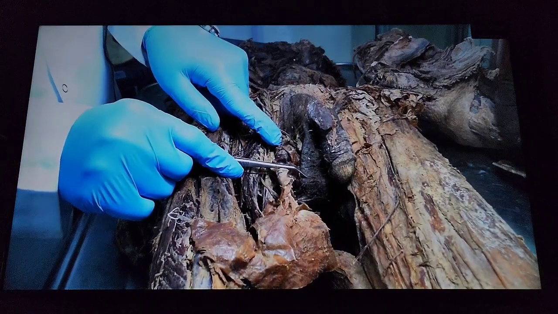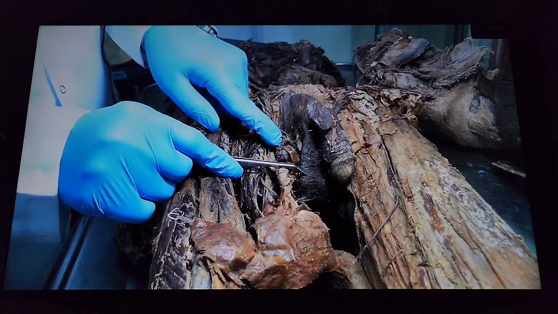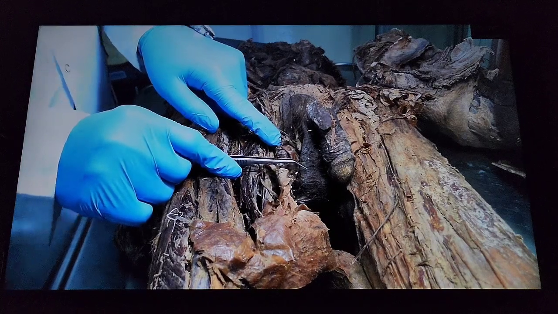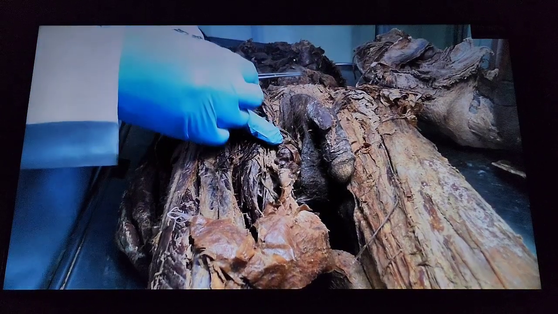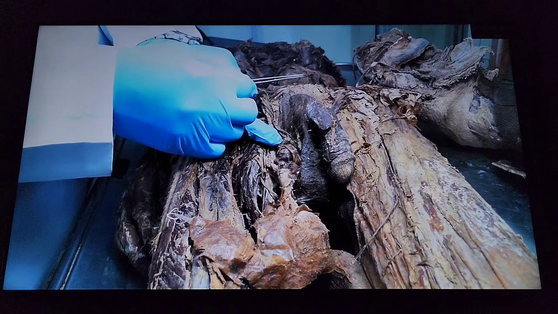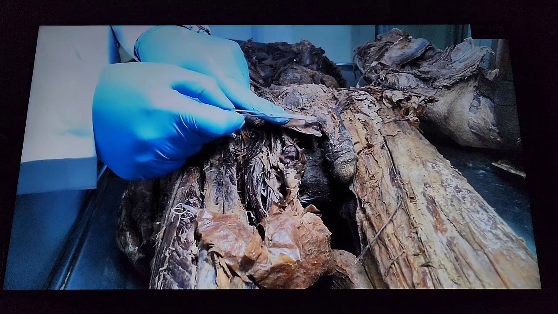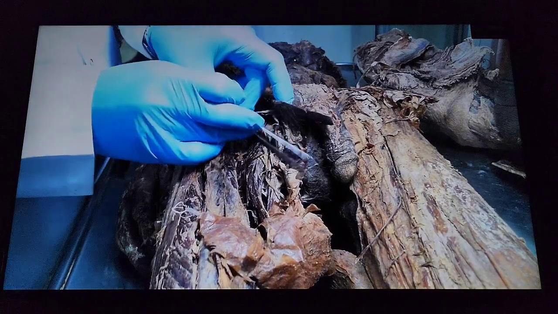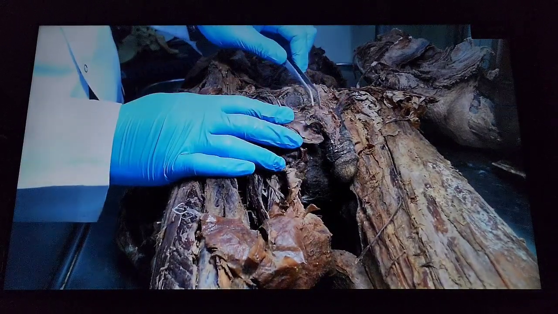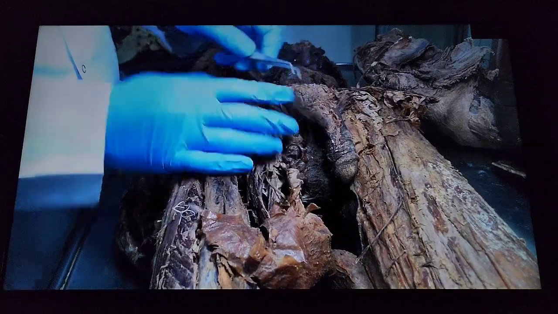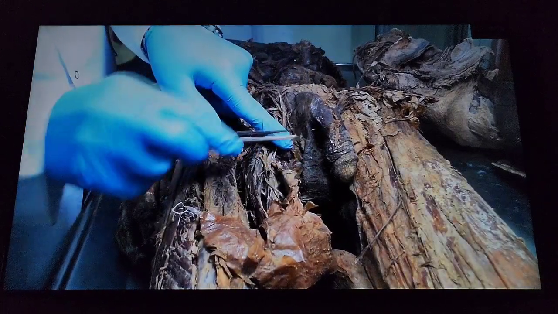We call it Colles' fascia, and even with the perineum. So it's the same fascia continuing from the abdominal wall, Scarpa's fascia, then around the penis, Buck's fascia, and around the scrotum, Colles' fascia.